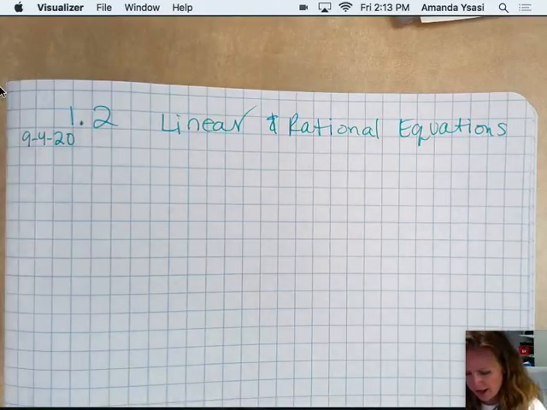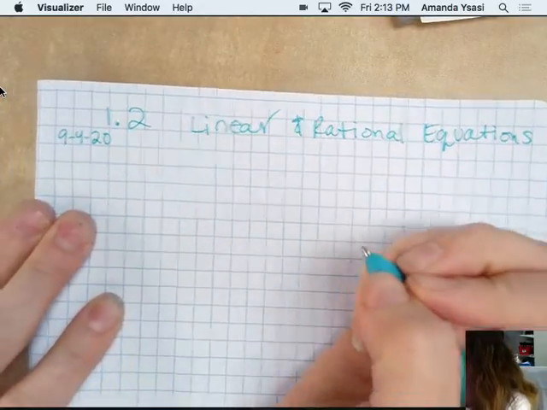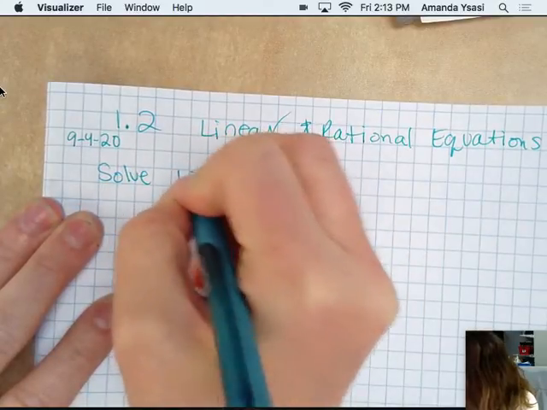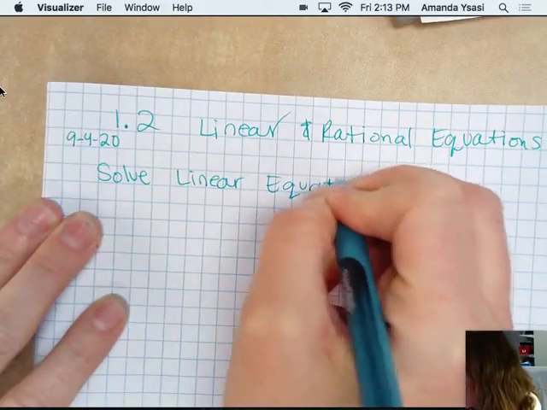So whenever we have an equation, do y'all recall how to solve linear equations with one variable?